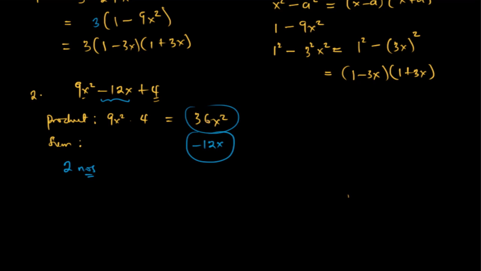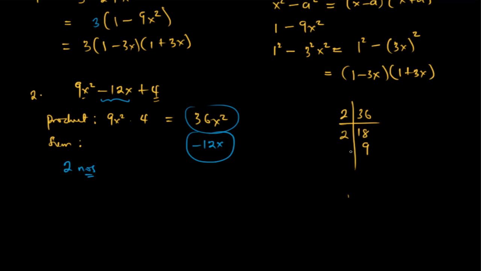To find those two numbers, to make it simple, I'm going to find the prime factors of 36. You have 36 here. The smallest number that can go in 36 is 2. So we have 18. The smallest number that can go in 18 is 2. We have 9. Now 2 cannot go in 9.